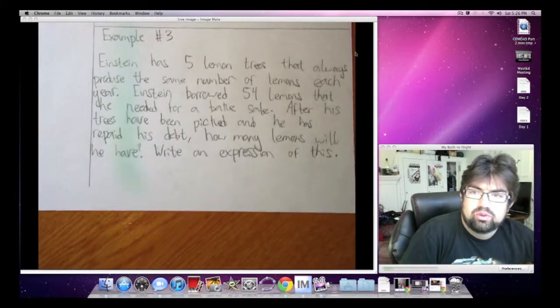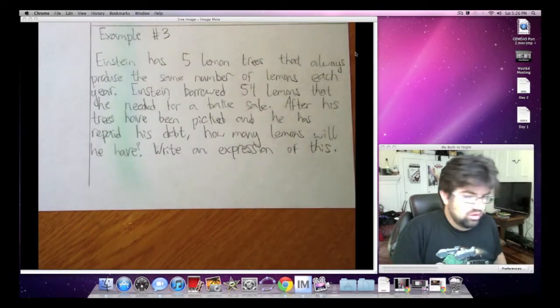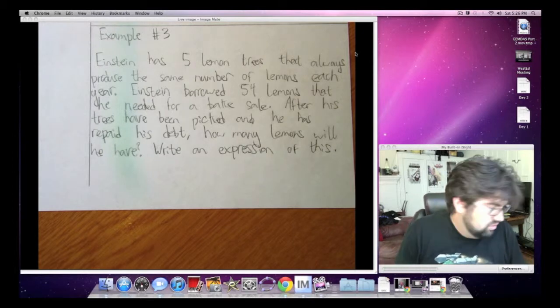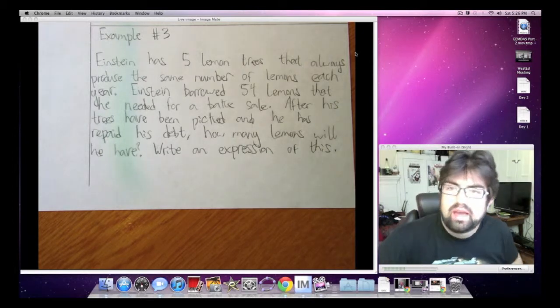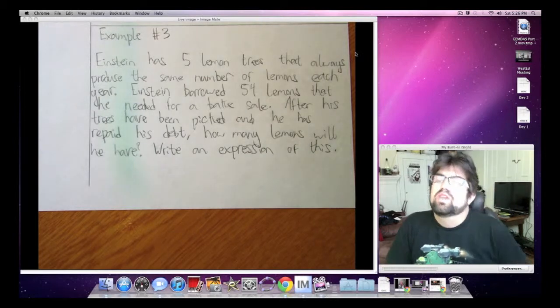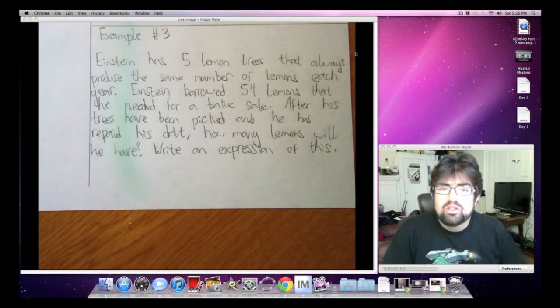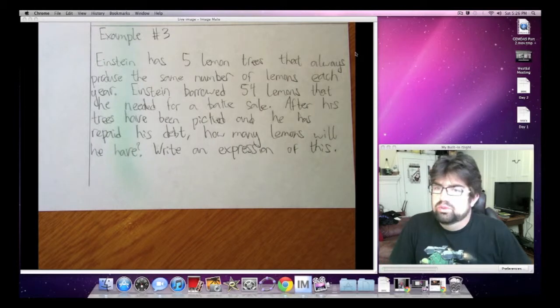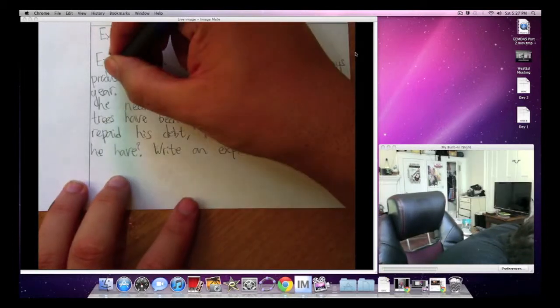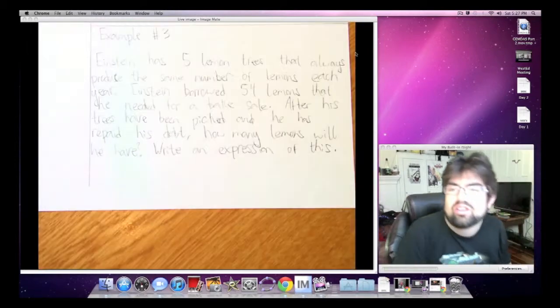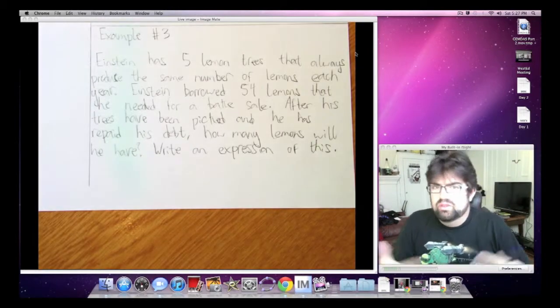Start third example. Pause the video and write that down. Okay, good. Okay, number 3. I'm going to read it out loud. Einstein has 5 lemon trees that always produce the same number of lemons. By the way, that produce should have a C, not an S. That produce means make.